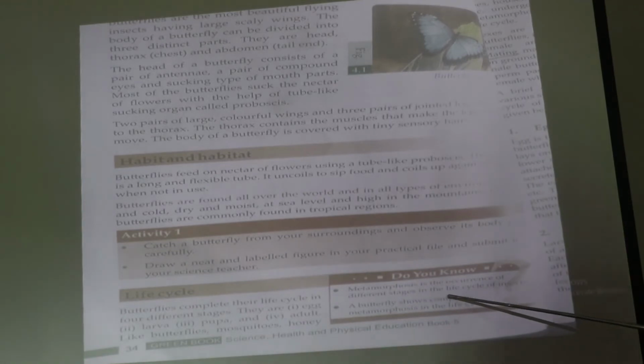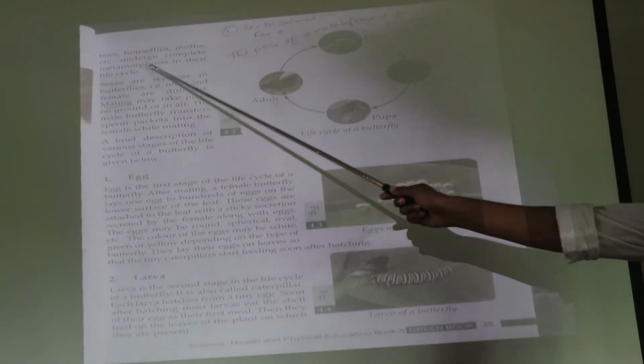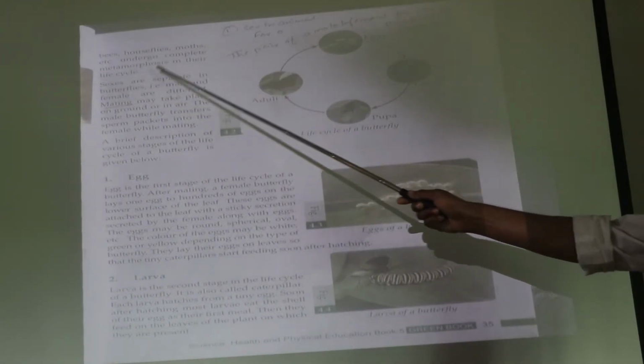Metamorphosis is the occurrence of different stages in the life cycle of an insect. Butterfly, mosquito, honeybee, housefly, moths, etc. undergo complete metamorphosis in their life cycle.